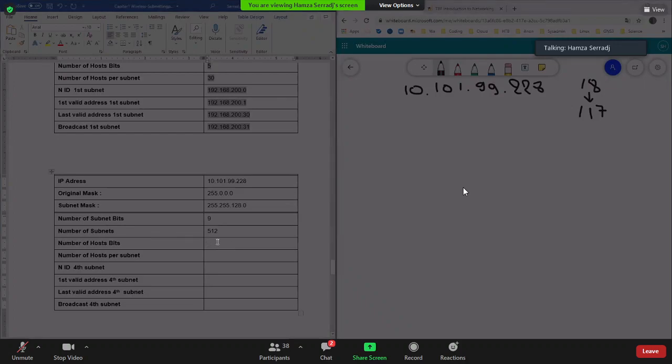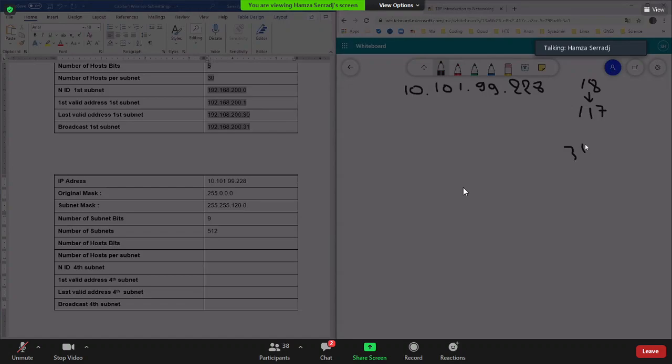Number of host bits. How many bits remain? 15. Good. Jagjit, how did you find 15? 32 minus 17. Good.